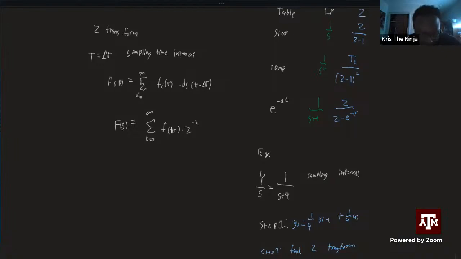So Y(z) equals 1 over 4 z minus 1 times Y(z) plus U(z).